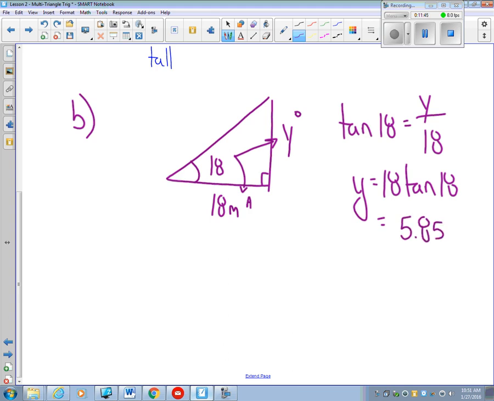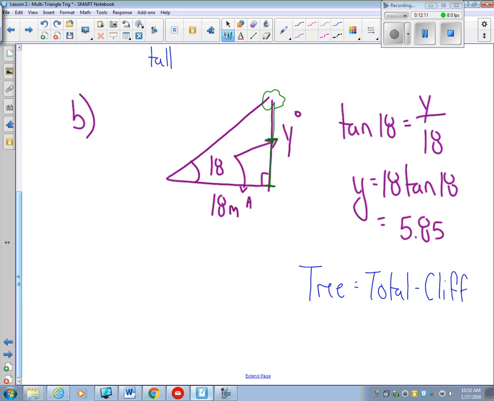Now remember in our diagram here, we had the cliff, that would be from here up to here, and then we had the tree on top of that, right? So if I want to figure out the tree itself, I need to take the total, and I have to subtract the cliff.